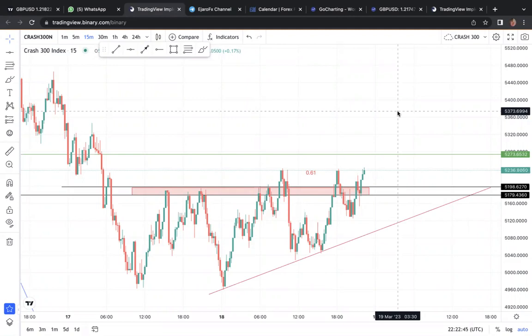But I'm conversant with GBP USD, and I already know the direction of GBP USD. Anytime you wake me up, I always know the direction of GBP USD because it's the only currency pair that I mostly trade, apart from synthetic.